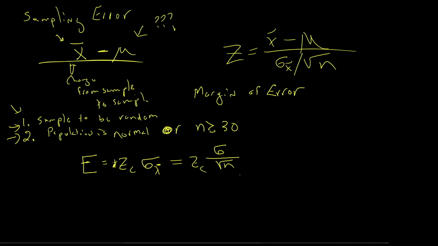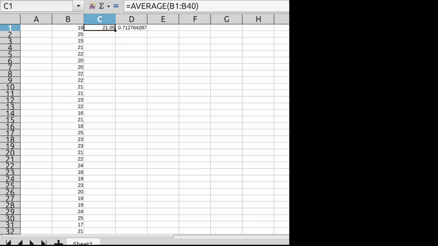So let's find the margin of error, and we're going to do it with the confidence interval we did before. And we're going to do this two ways, and we'll look at the data there. So if I pop it back over here, there's the data.